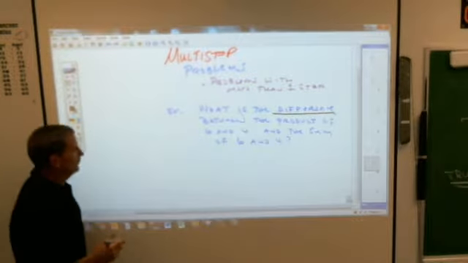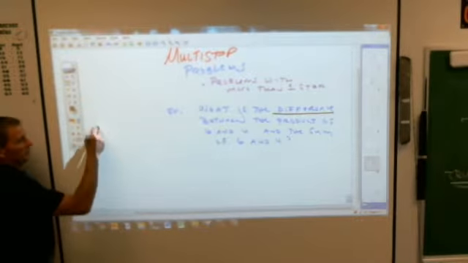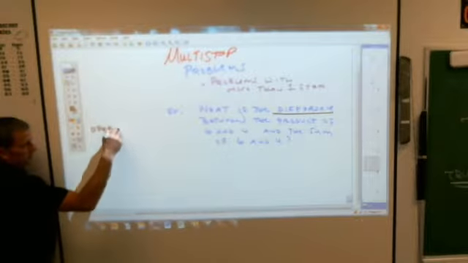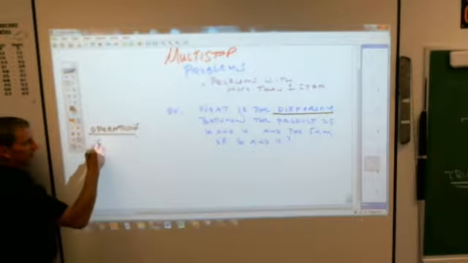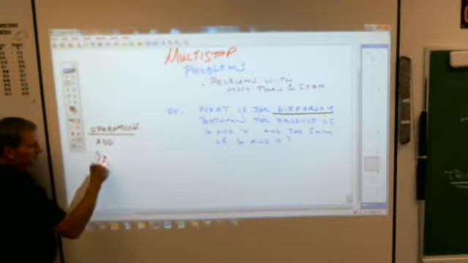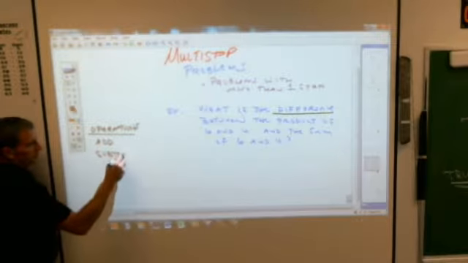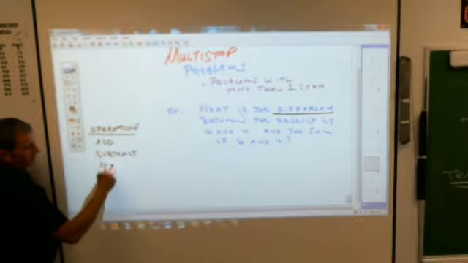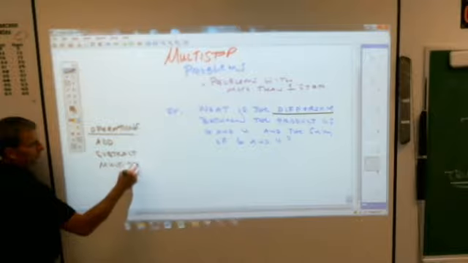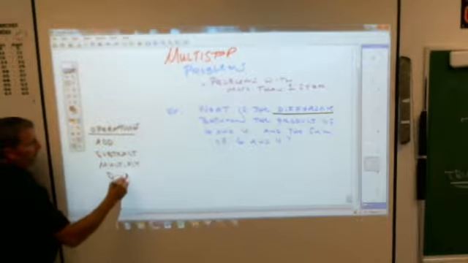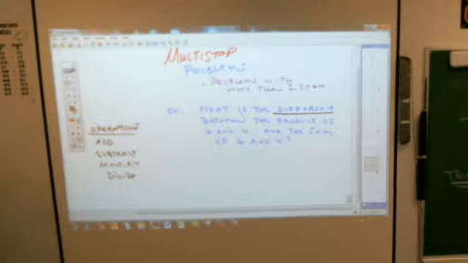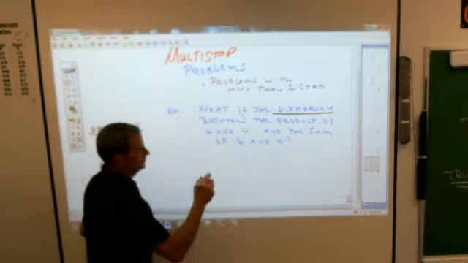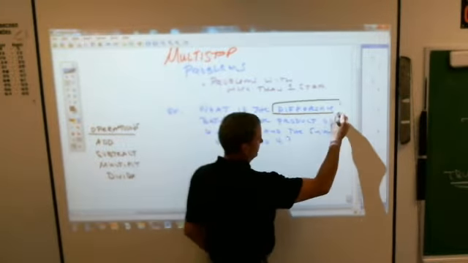Well, in math, there are 4 different things you can do. We call them the mathematical operations. Really, there's only 4 things you can do: you can add, you can subtract, you can multiply, or you can divide. That's really all we ever do in math. So the first thing this says is what is the difference?